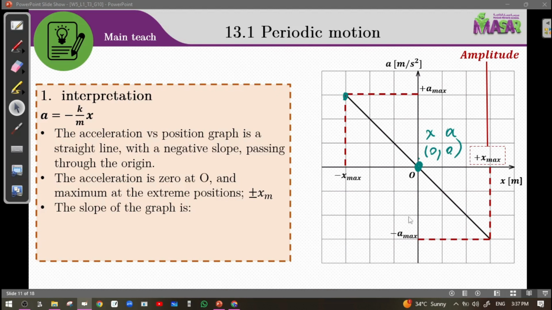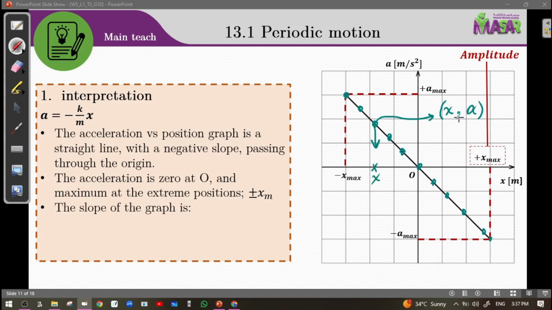So in summary, this graph or this line is associated with points. Each point carries two pieces of data about the acceleration and the position. So this point, for example, holds the following information: x and a. If we are looking for x, we just project it along the horizontal, so this is the x that we are looking for.